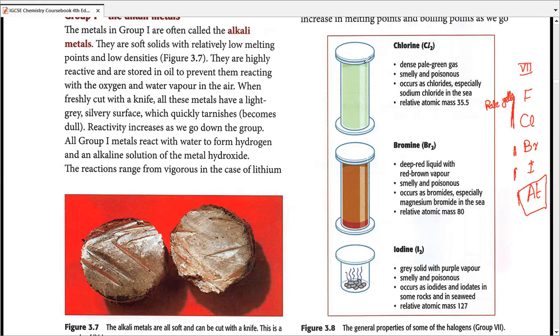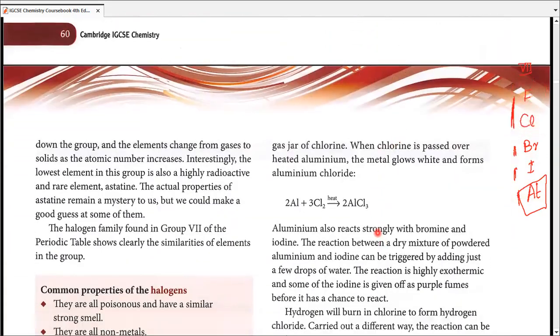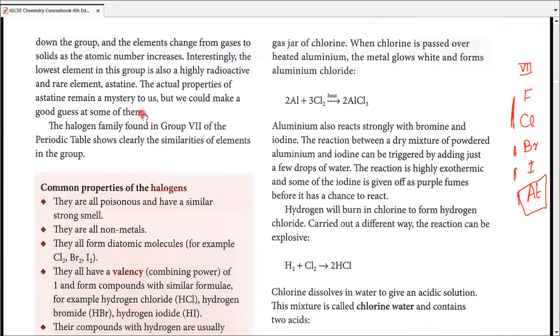Great. Before I could make more hints, you have a perfectly good answer. So it would have a color near to black or dark black. Now, astatine is a highly radioactive, rare element. Most of the properties of astatine are a mystery to human beings, but we can predict the properties. You've already predicted one of its properties, the color, the appearance.